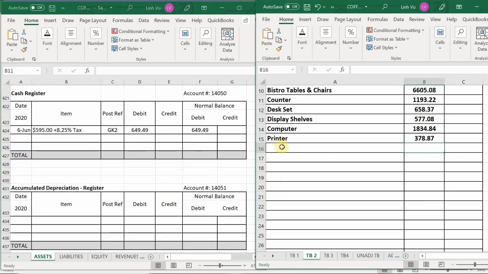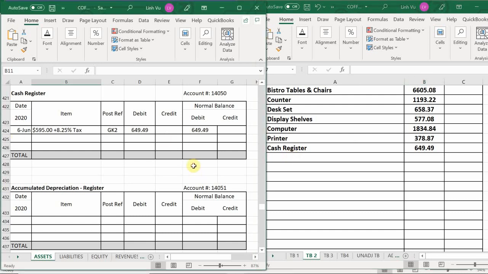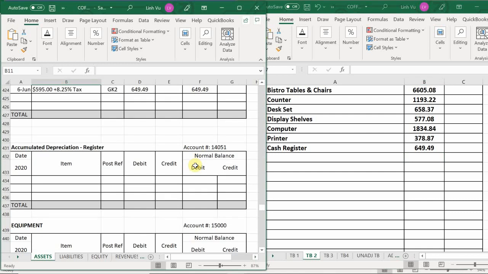We have a cash register for 649.49. So are you checking all the ledgers?